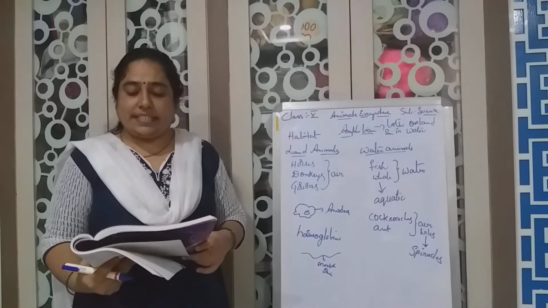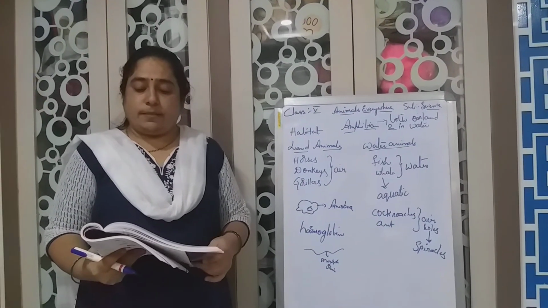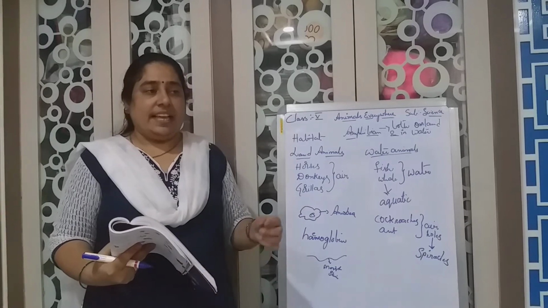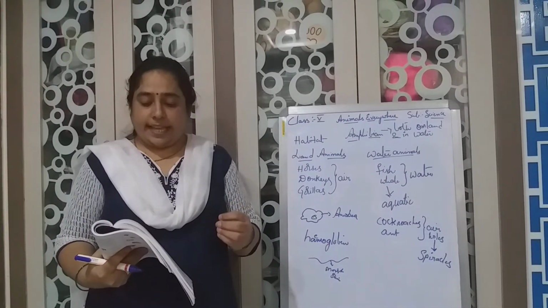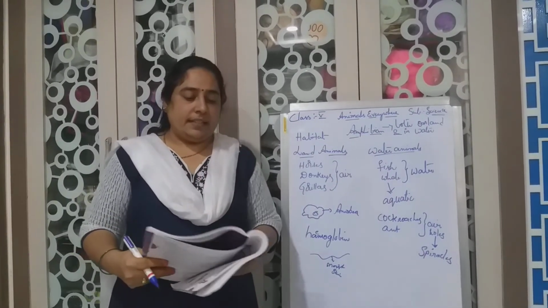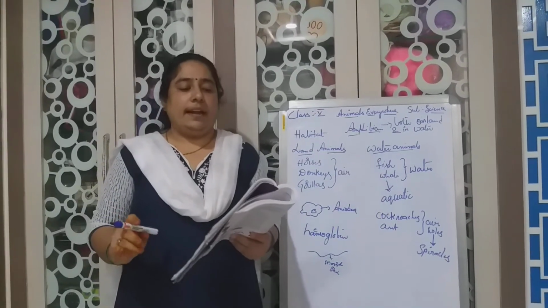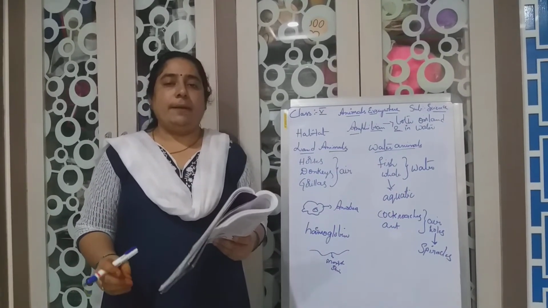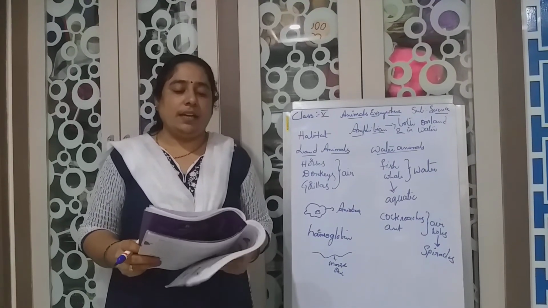When the air reaches the lungs, an exchange of gases takes place between the air and the blood. Oxygen from the air passes into the blood, and carbon dioxide from the blood passes into the air.